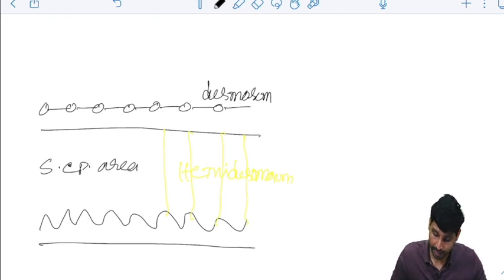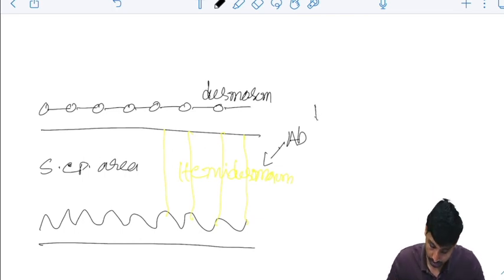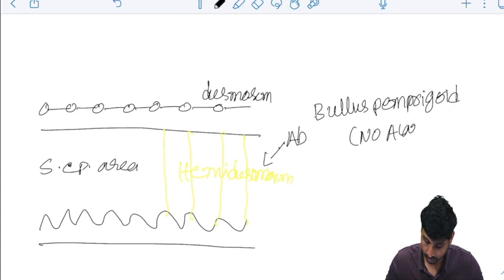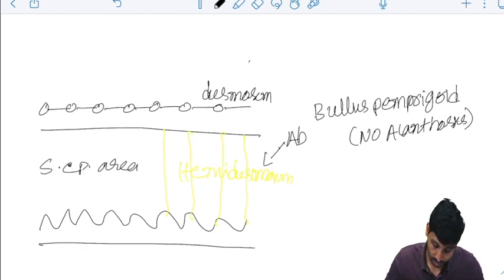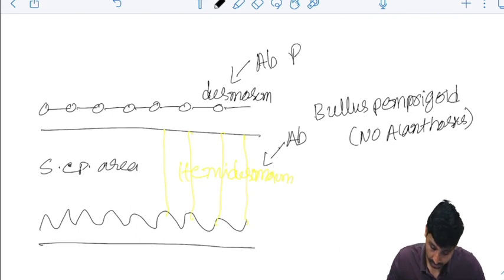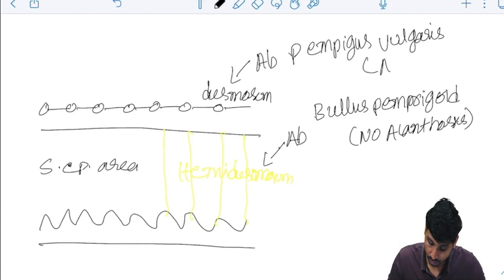If antibodies are developed against hemidesmosome, that is known as bullous pemphigoid, which shows no acantholysis. And antibodies which develop against desmosome, that is known as Pemphigus vulgaris, which shows the characteristic feature of acantholysis.